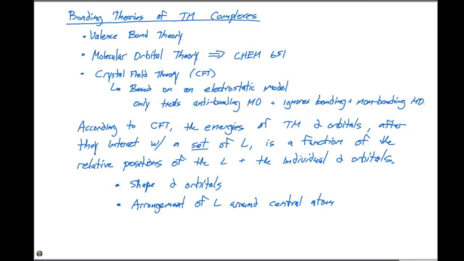Because when these bonds form, the orbitals are going to overlap. We're going to consider these ligands more like these spheres or these bunch of lone pairs pointing at the transition metal center. But we need to know the shape of the d orbitals, and we need to know where these ligands are pointing in order to quantify this overlap.